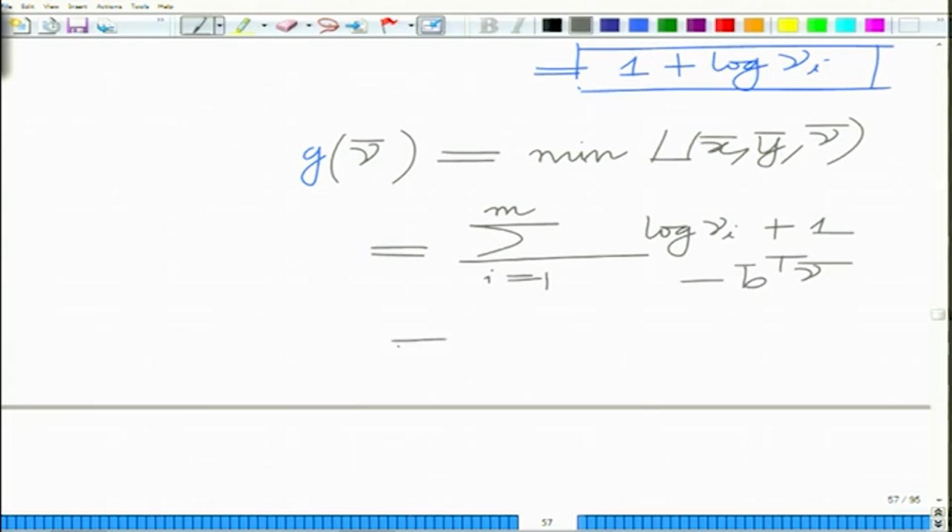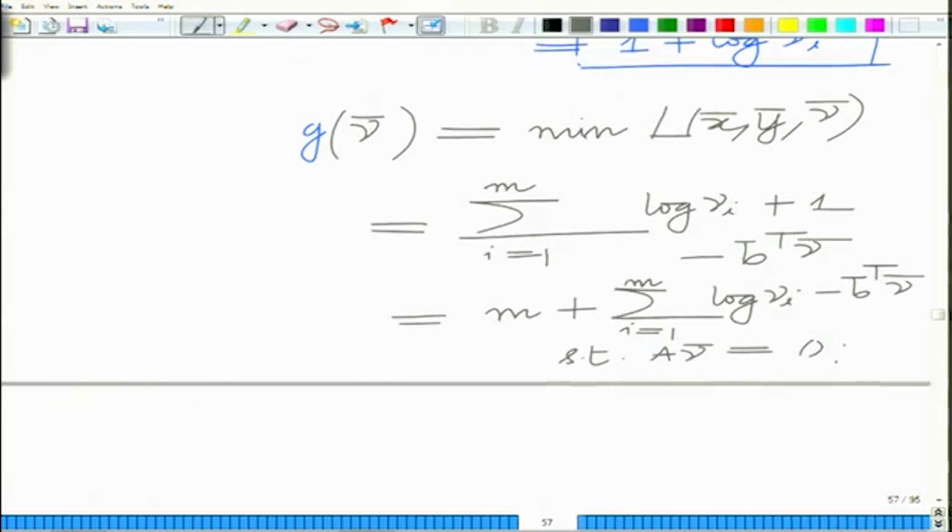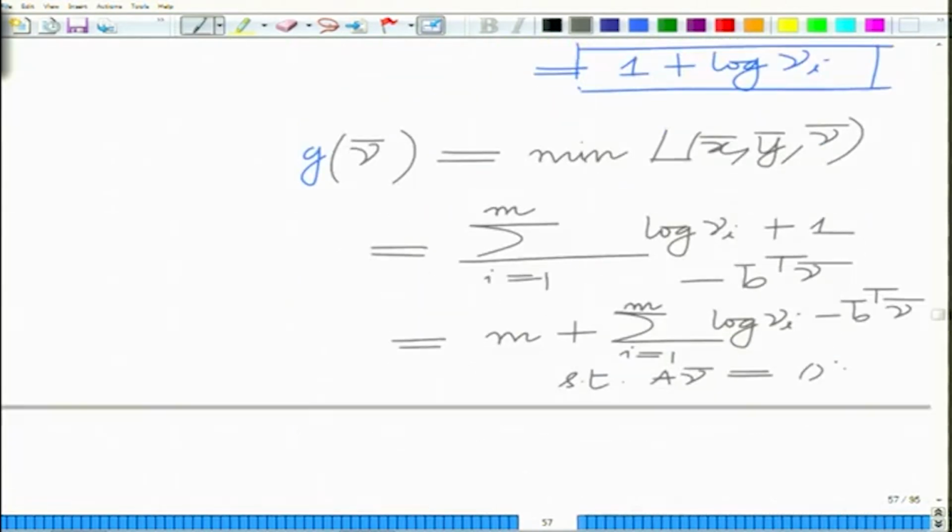If you take the constant 1, that is basically m plus summation i equals 1 to m log nu i minus b bar transpose nu bar, and of course subject to the constraint, remember, A into nu bar equal to 0, otherwise it is minus infinity, which is not interesting.